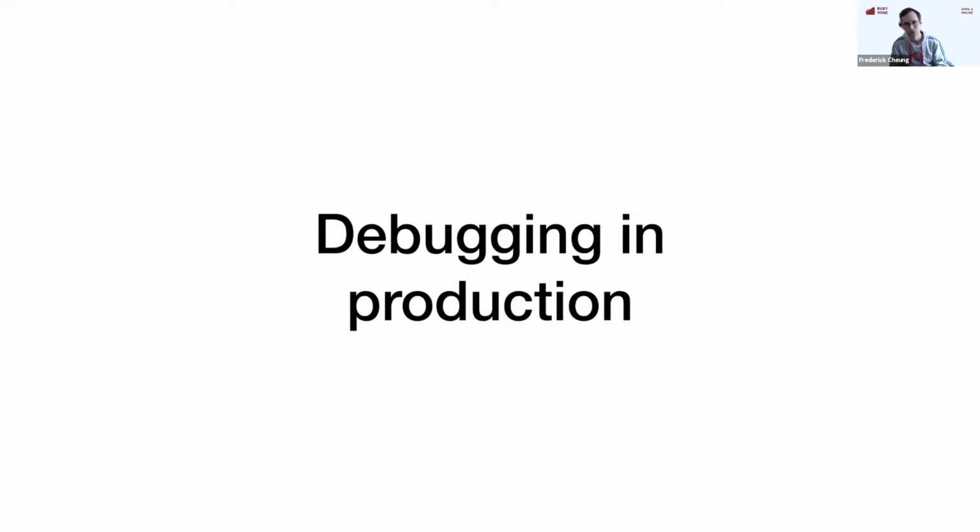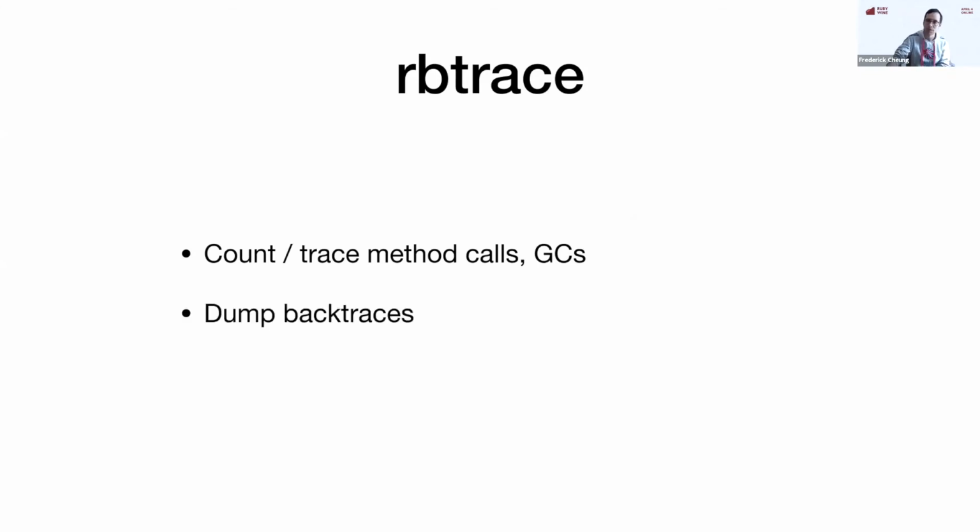And there are two tools that I used to do this. The first is rbtrace, which is an amazing tool from a chap called Aman Gupta, who is also the person who wrote stackprof, and it allows you to peer into a running Ruby process. So you can get a fire hose of all the method calls that are being made when garbage collection is happening. You can dump backtraces.